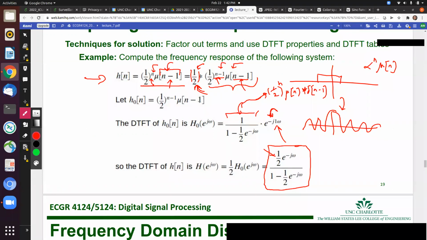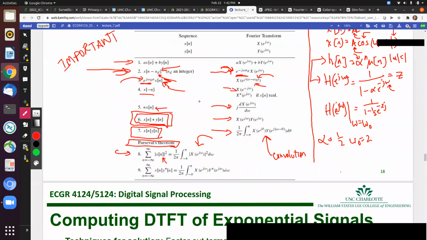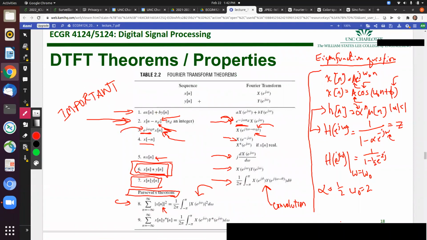So in this case, if it were 2n plus 1, it would be a frequency doubling because you're squeezing by 2 and then an e to the j omega 1, right? I don't know if that's here. Okay, so it's not here. I won't ask you that, but you can do it.